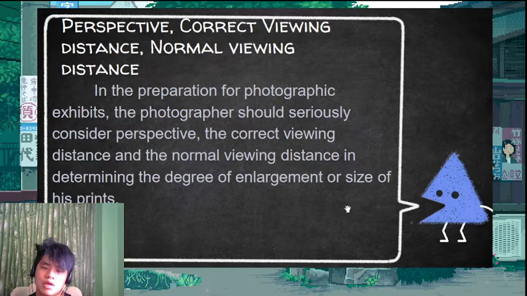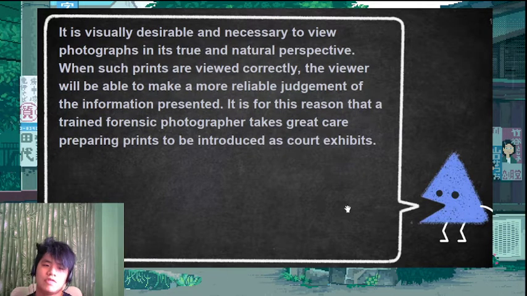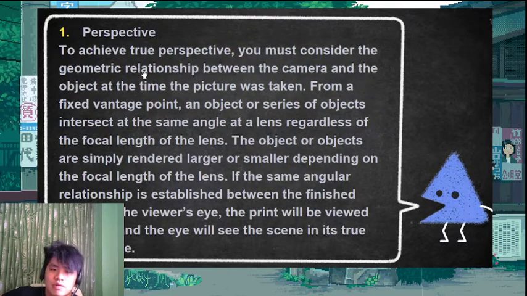Yun yung laging ginagamit dito. So, it is visually desirable and necessary to view photographs in their natural and true perspective. So, when such prints are viewed correctly, the viewer will be able to make a more reliable judgment as if they were at the crime scene.